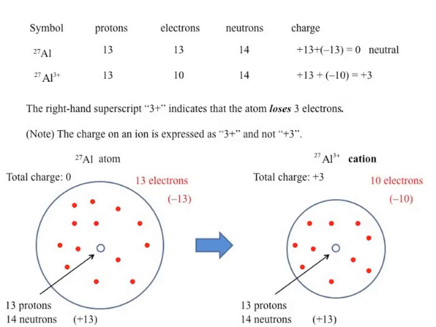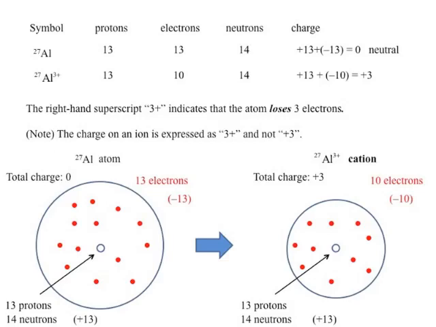There are 13 electrons in aluminum-27, and because each electron carries a -1 charge, 13 electrons will give -13. Therefore, positive 13 and negative 13 cancel out, and an atom is always a neutral object.